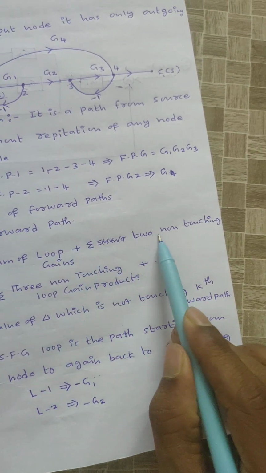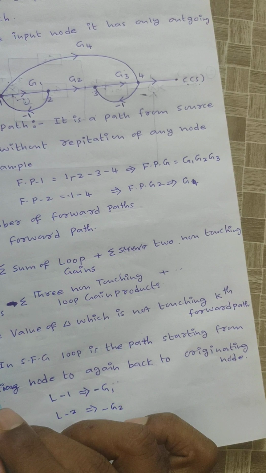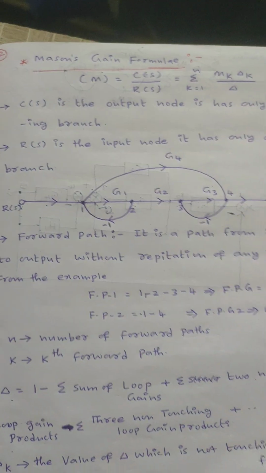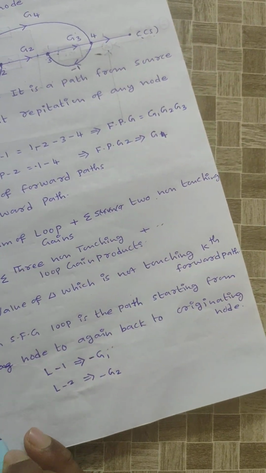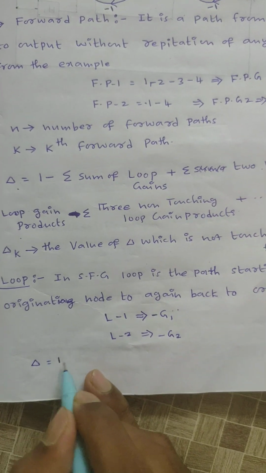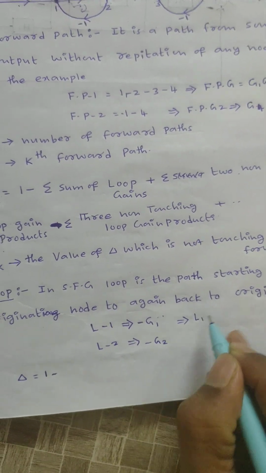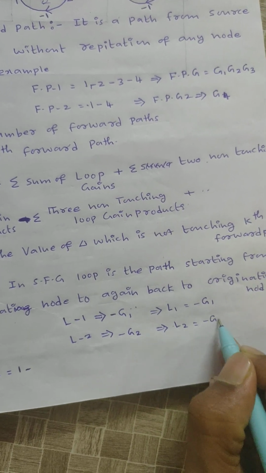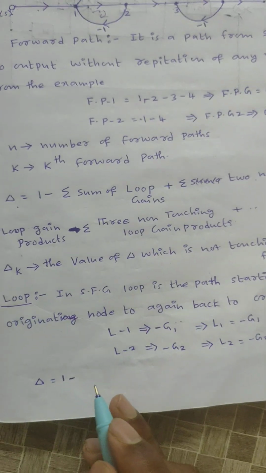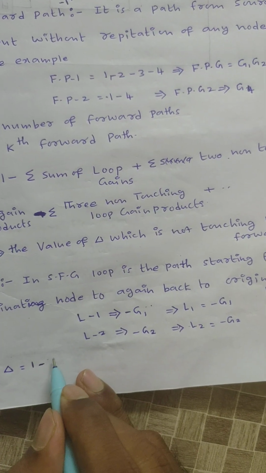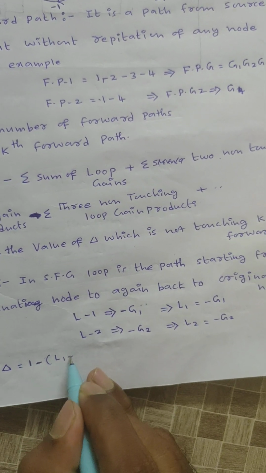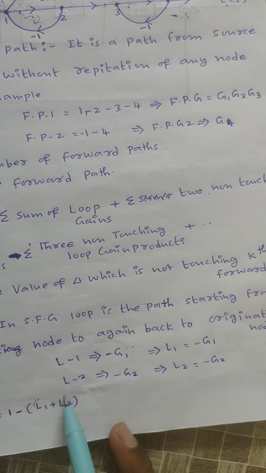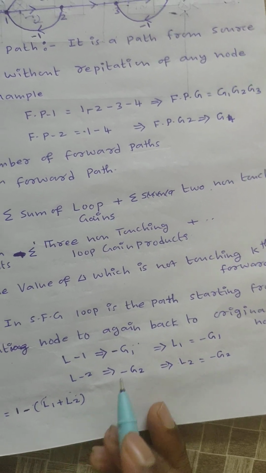Next, the sum of two non-touching loop gain products. These two are non-touching loops, so we take the product of these two loops. Writing the delta value: 1 minus (L1 plus L2), where L1 is the first loop gain and L2 is the second loop gain, that is the sum of loop gains.